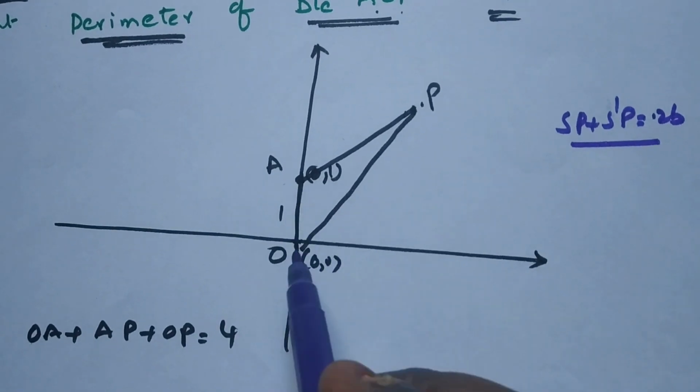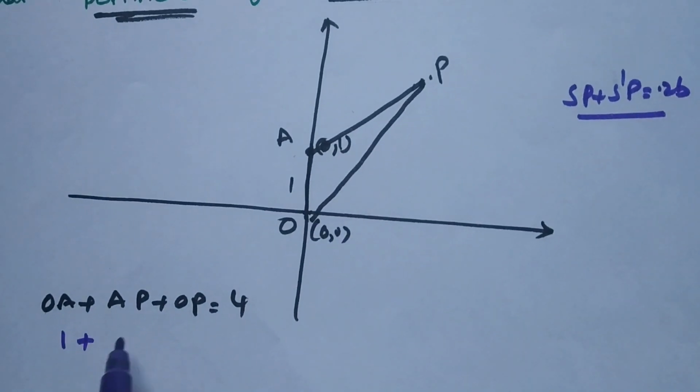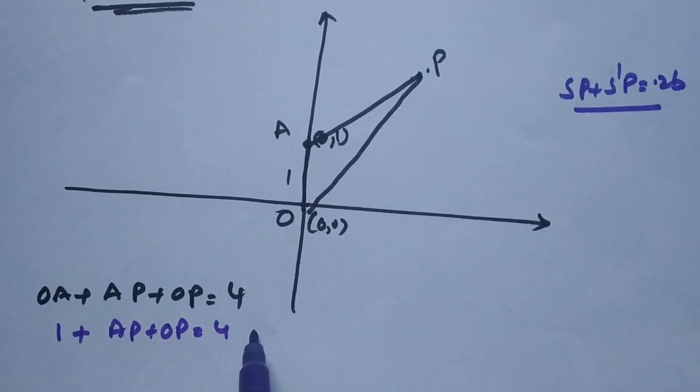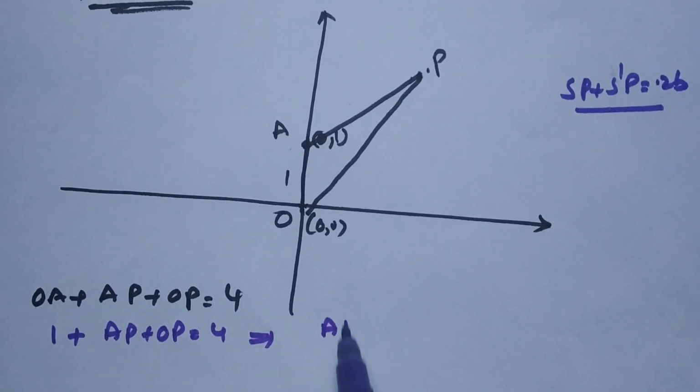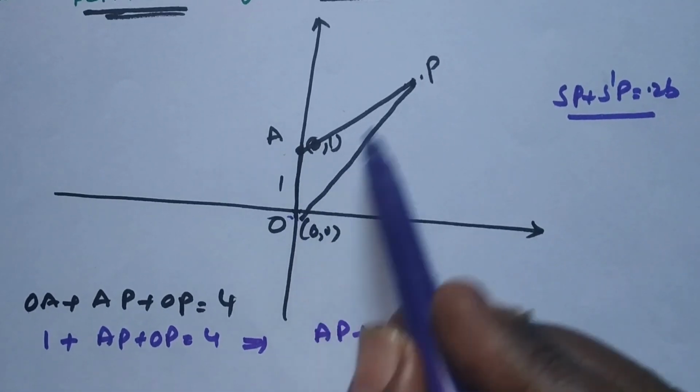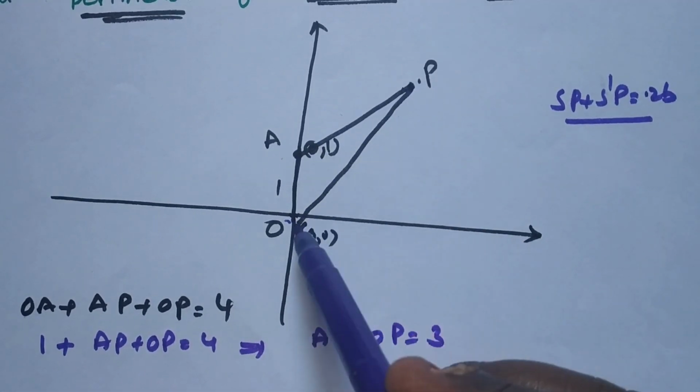What is given here? OA is equal to 1. 1 plus AP plus OP is equal to 4. This implies AP plus OP is equal to 3. It is of the form OP plus AP, that is SP plus S dash P form.